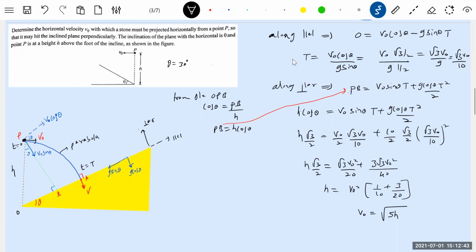Let me write it. If I give H equal to some value, you may end up with the answer. It's 2 root h, sir. The final answer, tell me, I'll write it. Correct one is root 5h only, sir. Root 5h only.